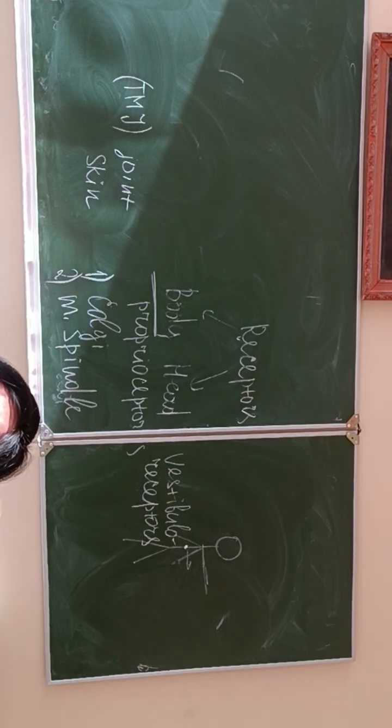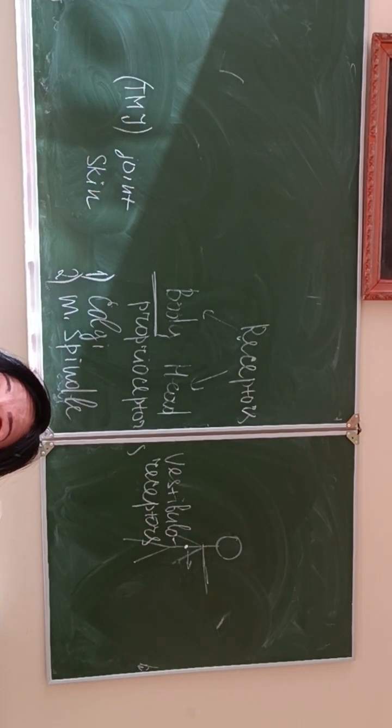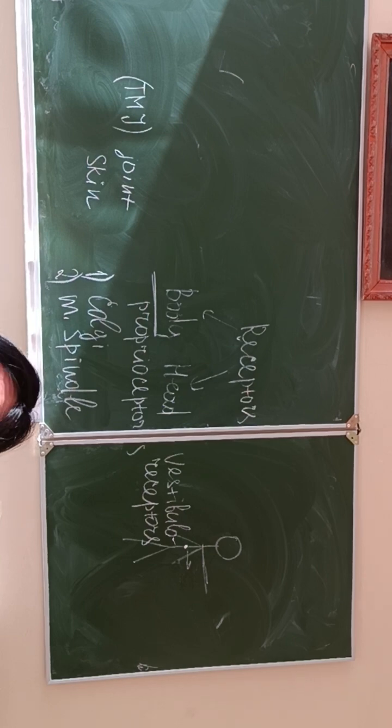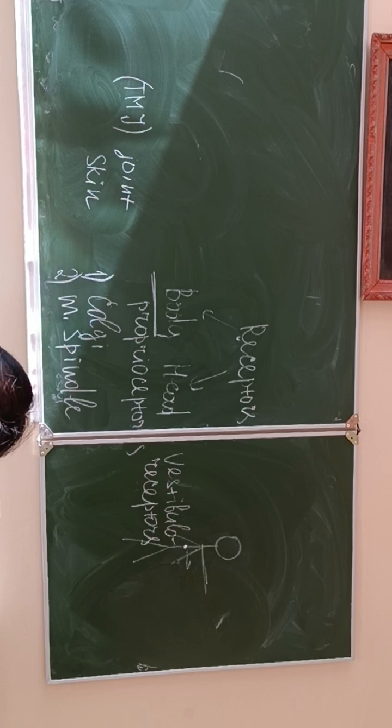What level of the central nervous system is enough to have at least some muscle tone in the body, in skeletal muscles? Is it enough to have the spinal cord?